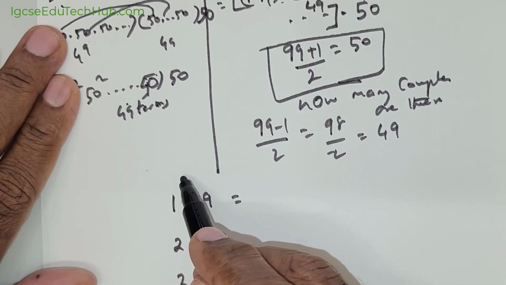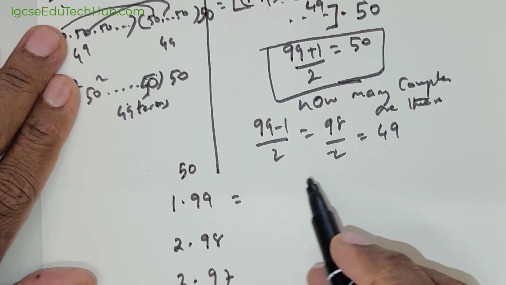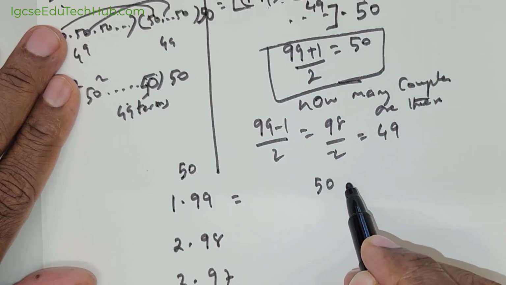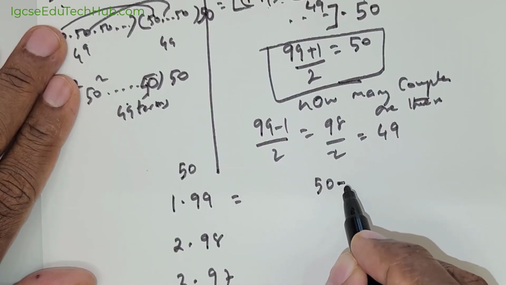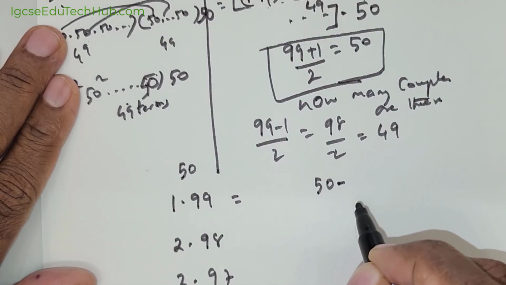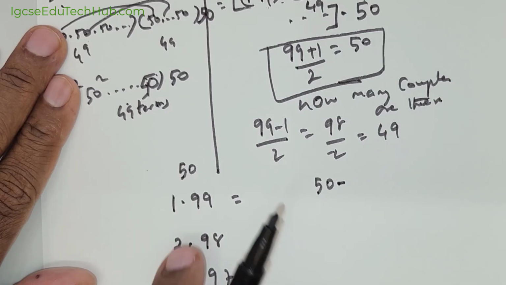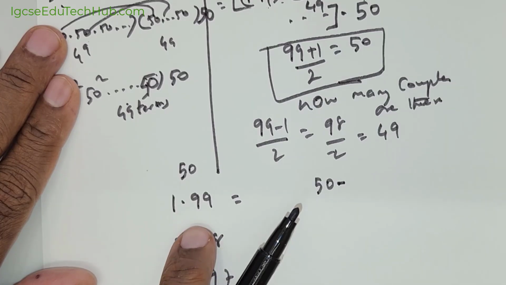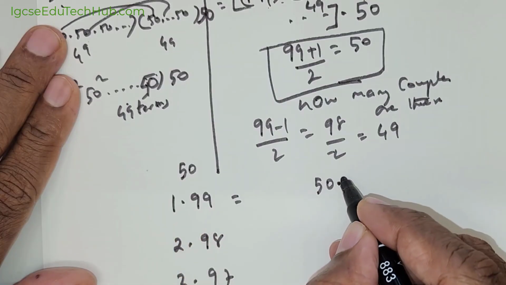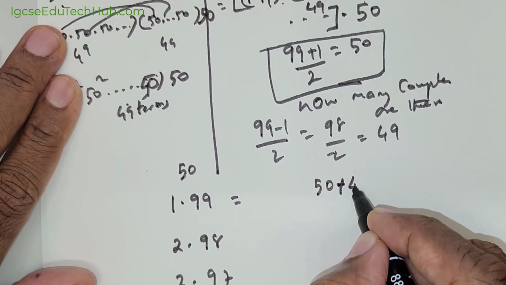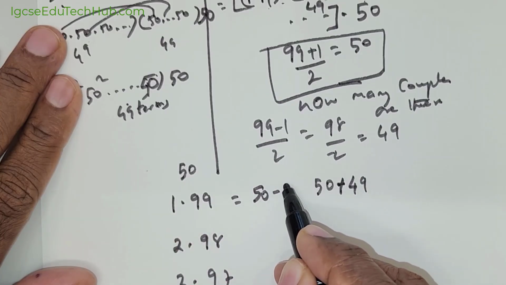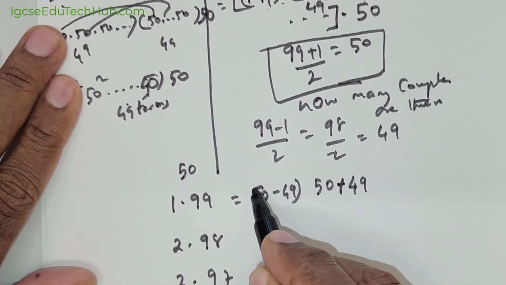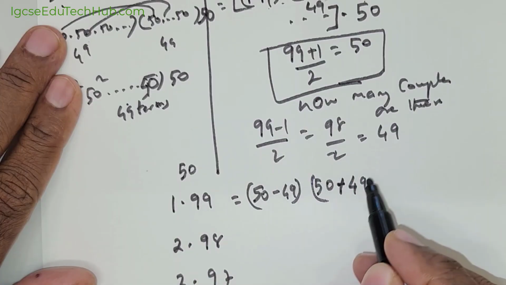Right? Now if I have 50 here, clearly 50 added up with, say, a quantity has to produce 99. So what exactly will that quantity be? If I add 50 and 49, I get 99. Now to the same 50, if I subtract 49, I would get this 1.